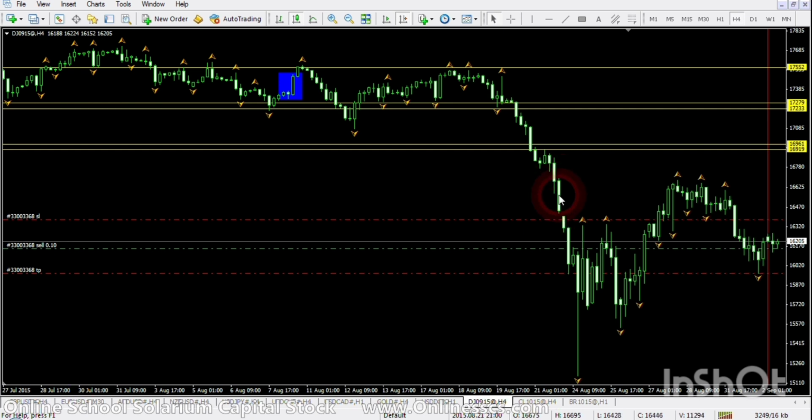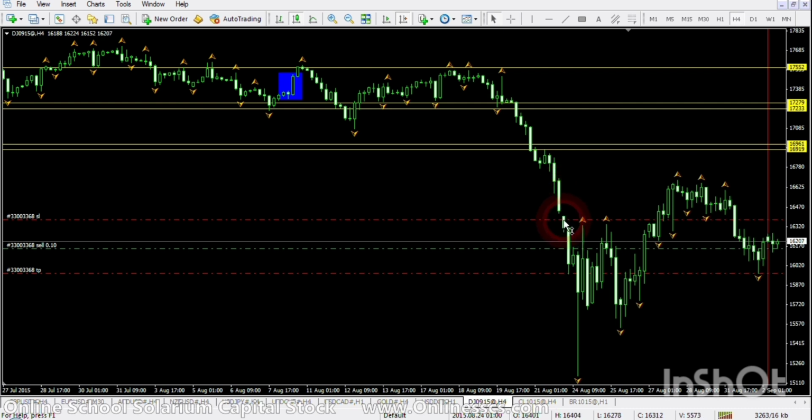It has two small shadows from two sides and a large body, and the next candle started working with a small gap. You can get a lot of pips of profit in it.